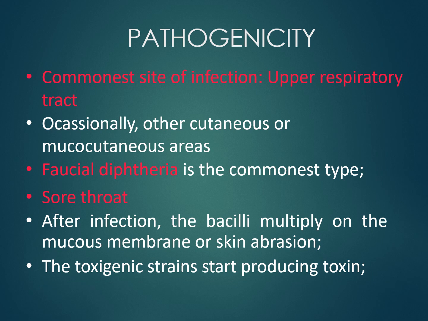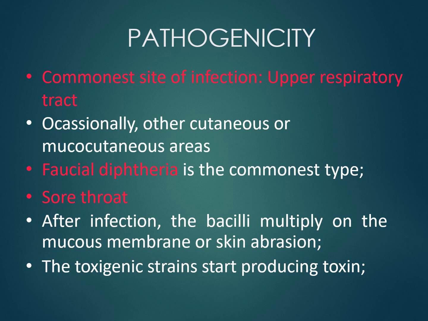The next one is the pathogenicity of Corynebacterium diphtheriae. The most common site of infection is the upper respiratory tract, like fauces, larynx, and nose. Occasionally, other cutaneous or mucocutaneous areas can be affected, like ears, eyes, genitovulval, vaginal, or preputial areas, or the skin.